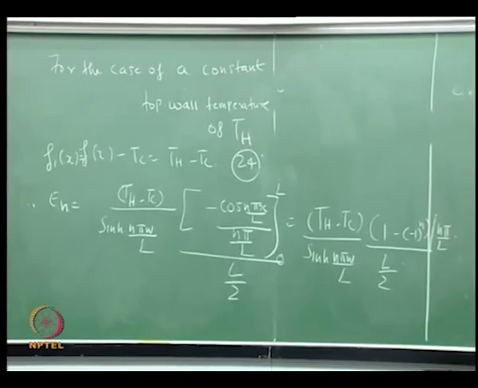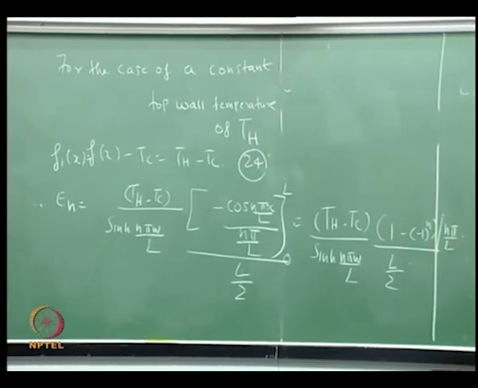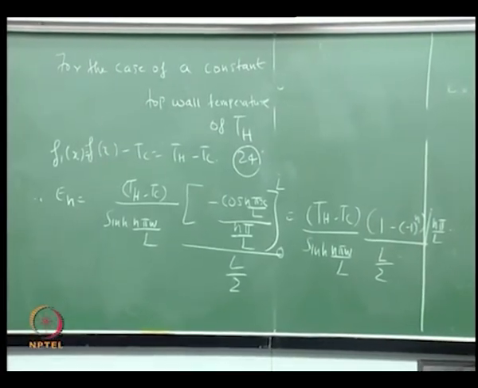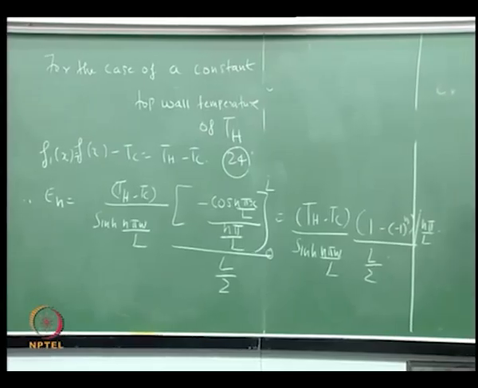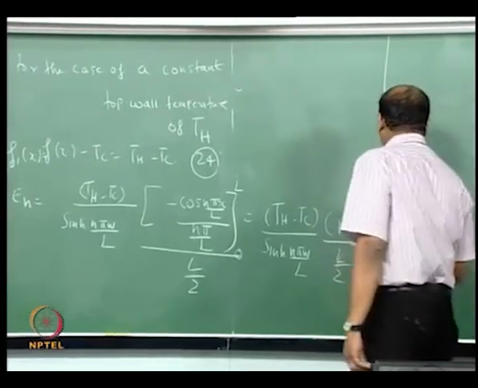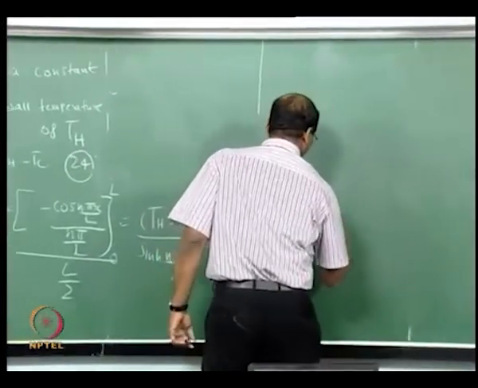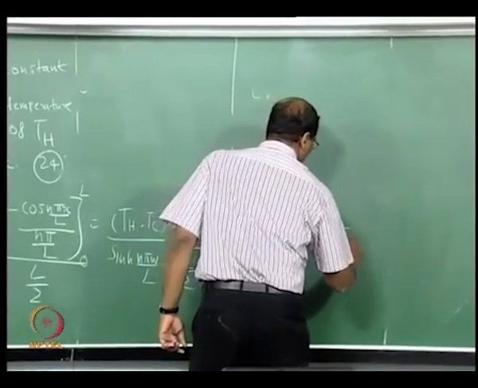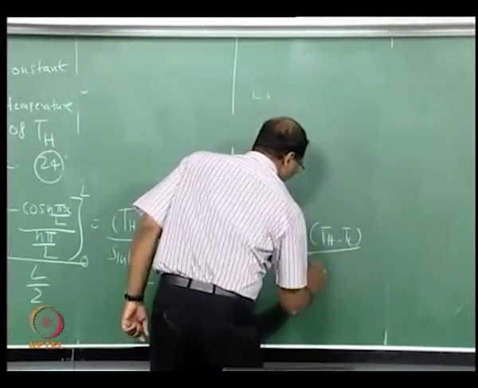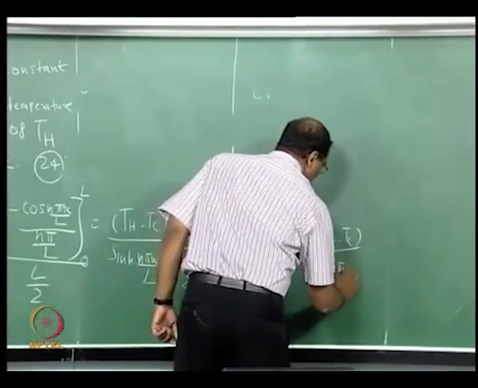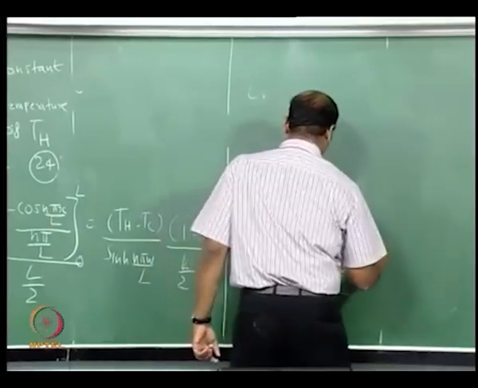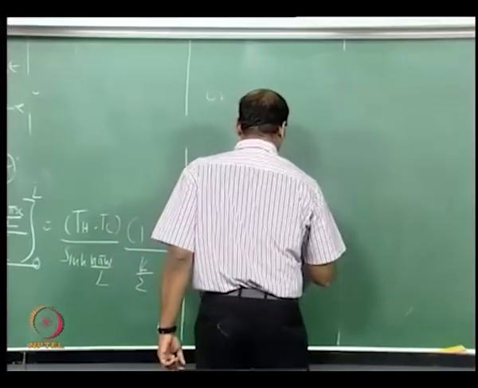Where is it? The numerator divided by n pi by L. Yeah, so n pi by L gets cancelled. Okay, very good. So L gets cancelled. So what do you get? 2 Th minus Tc, n pi, n pi is there.